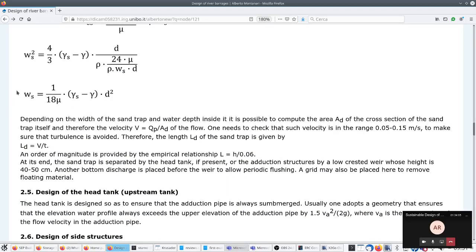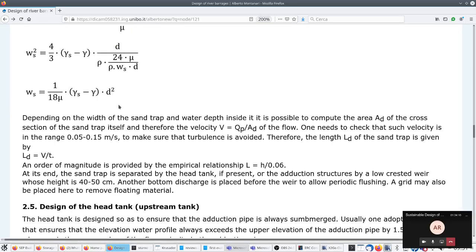The velocity of sedimentation Ws is equal to 1 divided by 18 μ, which multiplies (γs − γ) times d squared. Here d is the limiting size of the particle, which we can tolerate downstream. γs is the specific weight of the sediment, and typically it's something like 2500 kilograms per cubic meter.